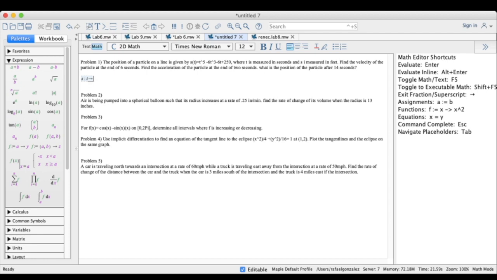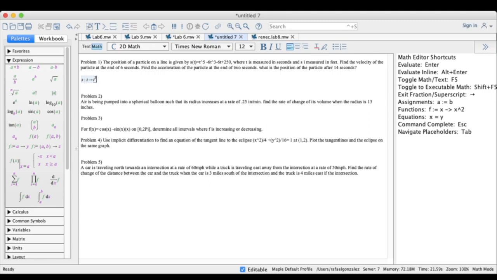So we have t to the fifth minus 6t cubed minus 6t plus 250.